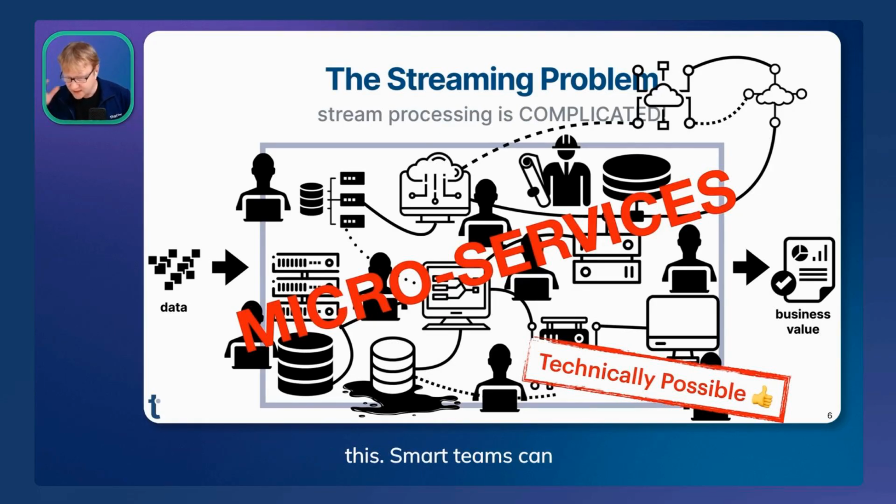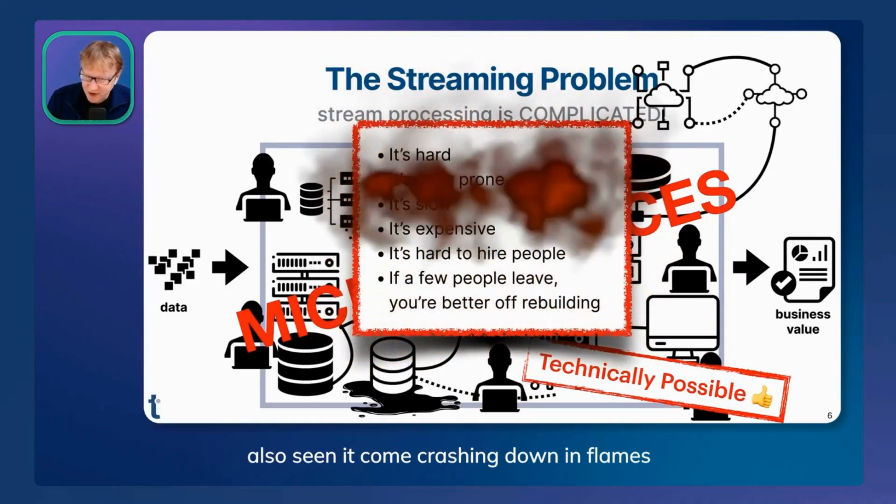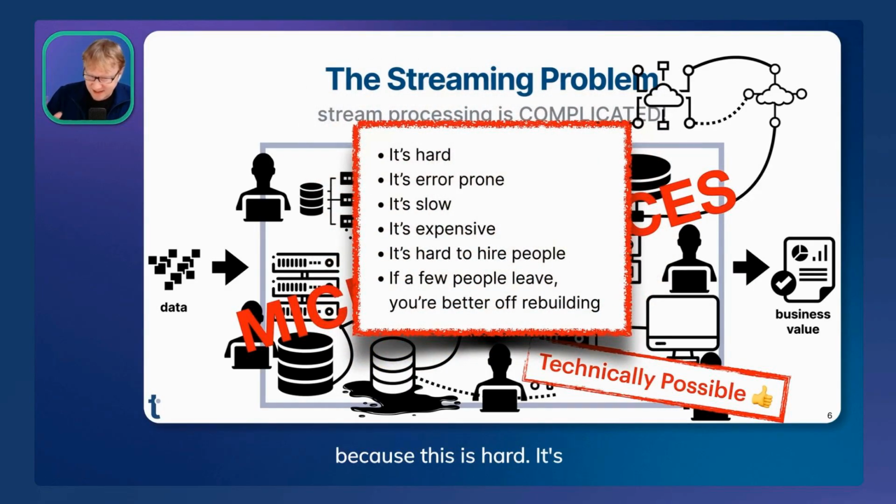But hey, this is technically possible. We can do this. Smart teams can spend enough time to go build these kinds of systems, and it can work. But if you've built one of these before, you've probably also seen it come crashing down in flames, because this is hard, it's error prone, it takes a really long time to build these, and it's expensive because you need people with a ton of experience to be able to do this right.